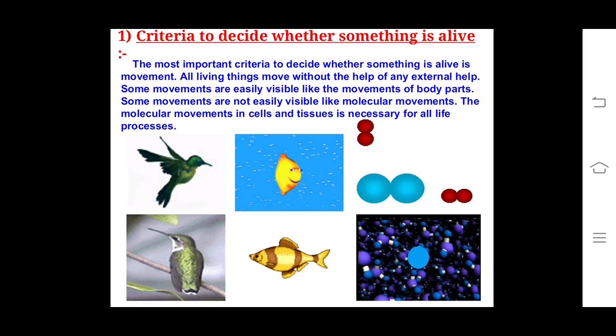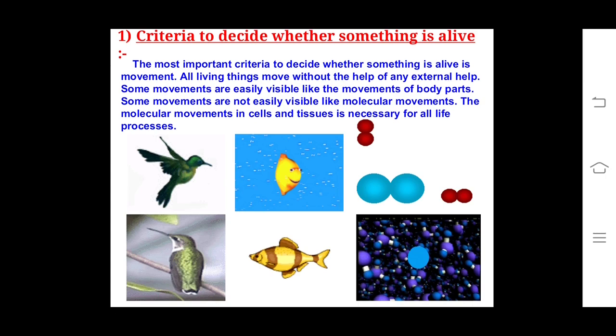Now, let us also read some criteria to decide whether something is alive. The most important criterion is movement, that is locomotion. All living things move without the help of any external aid. Some movements are easily visible, like the movements of body parts.